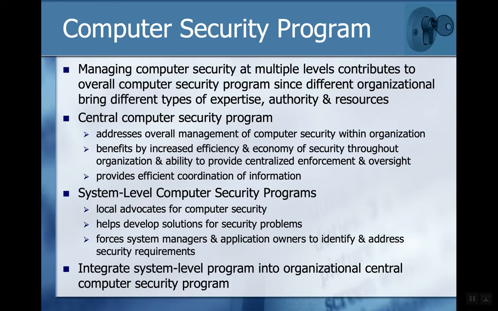One is a central computer security program, a core program that addresses the overall management of security within the organization, and then also system level programs. So it's not just dealing with things on a centralized basis, but being focused on issues and requirements at a local level as well. The challenge a lot of times is coordinating the integration of the system level programs into the central computer security program.